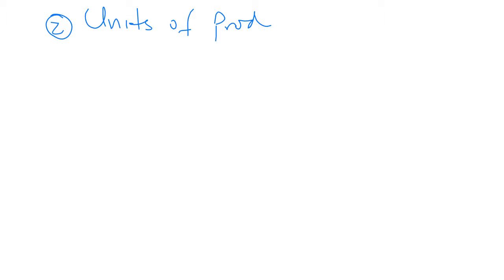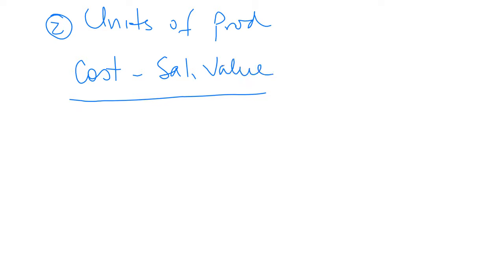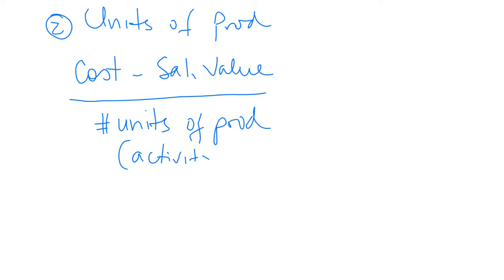The units of production method will take the cost of the asset minus the salvage value, just like we did with straight line depreciation, and we will divide that by the number of units of production or activity. In the problem that we're working, the units of production activity really are the number of concerts this band is performing.